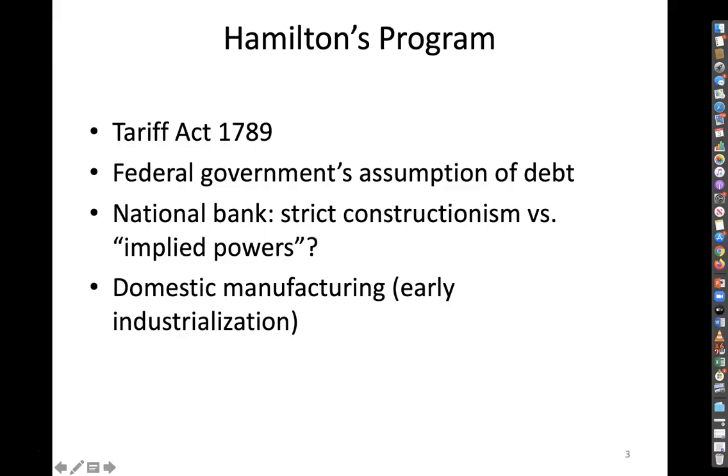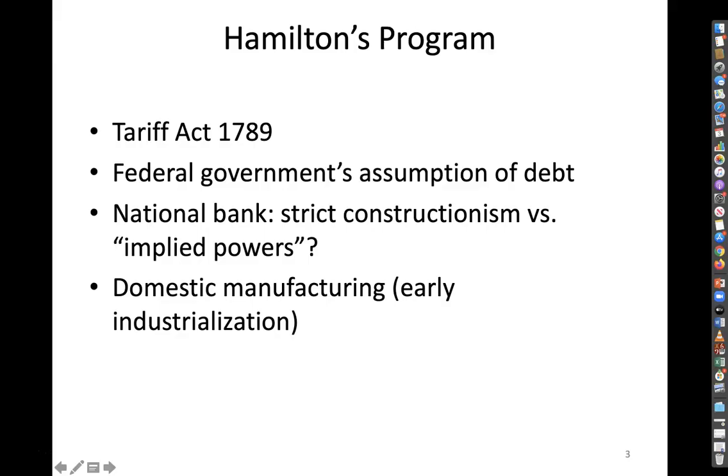Jefferson, on the other hand, is taking a stance that you could call constructionism, sometimes called strict constructionism. And constructionism is basically this: Jefferson and like-minded leaders felt that how you interpret the Constitution should be as literal as possible, okay, in a very literal fashion.